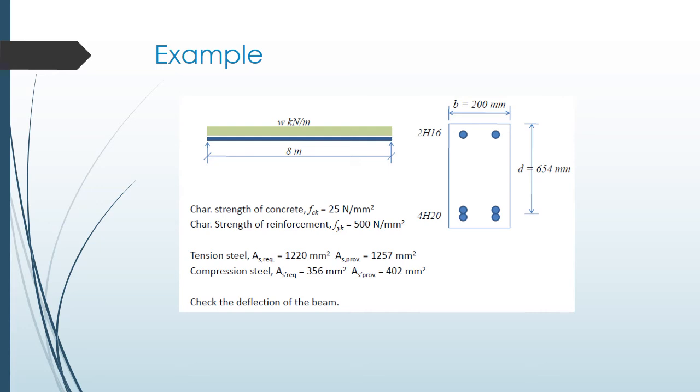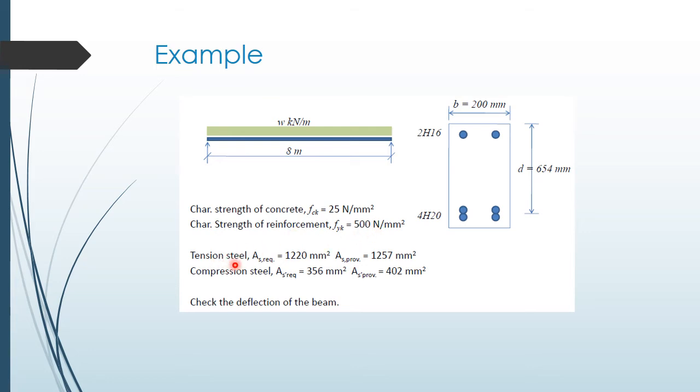Let's see an example of how to check deflection for the beam. We have a simply supported beam with 8 meter length, and this is the cross section and detailing for the beam. The strength of the concrete is 25 and steel reinforcement is 500.